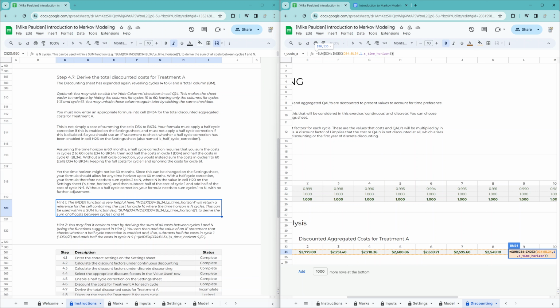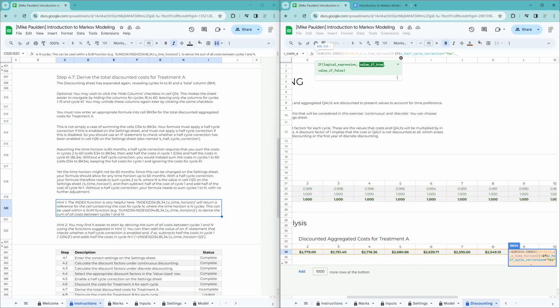Then what we do is we say plus, and then we have an if statement. So if the half cycle correction is set to yes, so we're going to do S underscore half cycle correction, and if our logical statement is if that equals yes, then we wish to apply this half cycle correction.